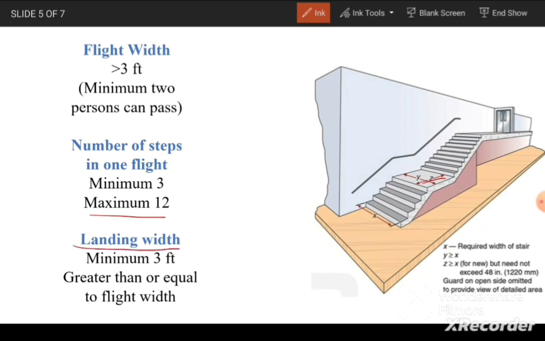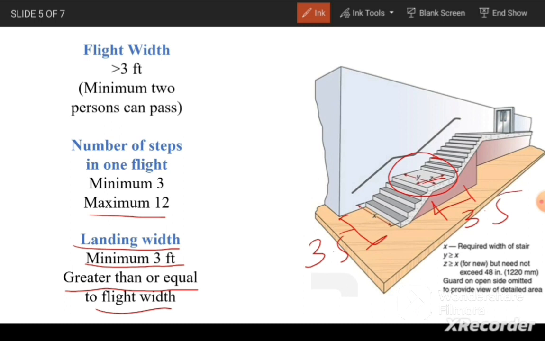The width of the landing should be minimum 3 feet and equal to or greater than the flight width. For example, if the width of the flight is 3.5 feet, we need to keep the width of the landing equal to 3.5 feet, or at least more than 3 feet.